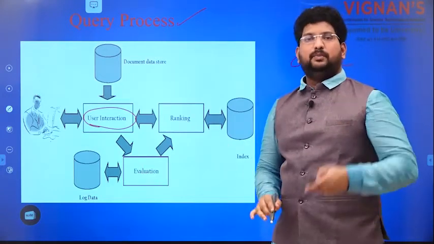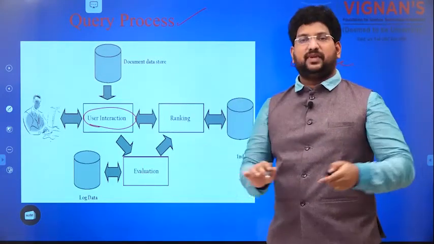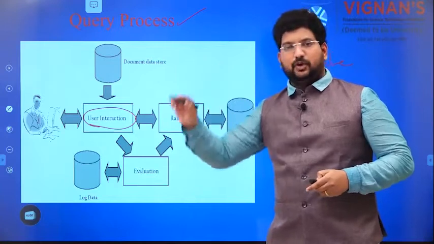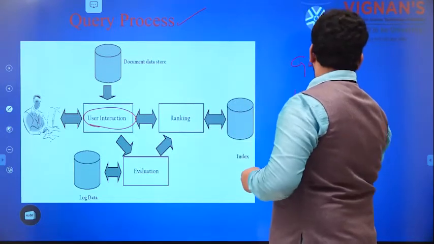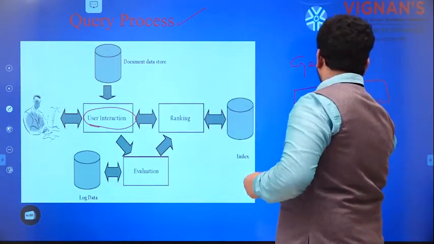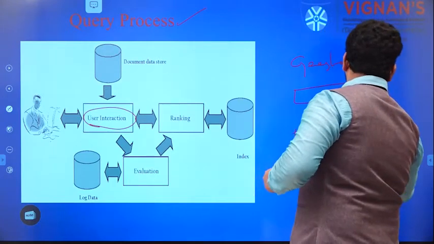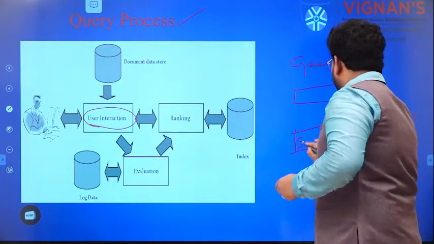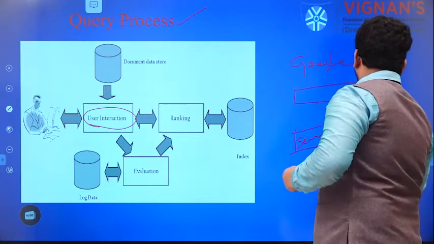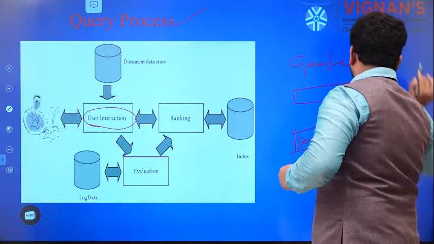You find a user interface there. Under Google, you will see a text box, and under that two buttons: one is Search, and another is I'm Feeling Lucky.